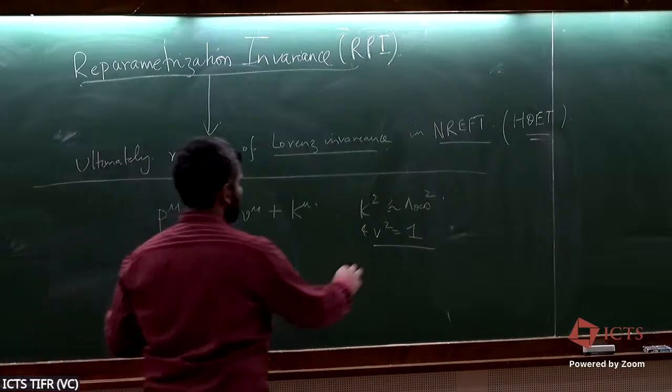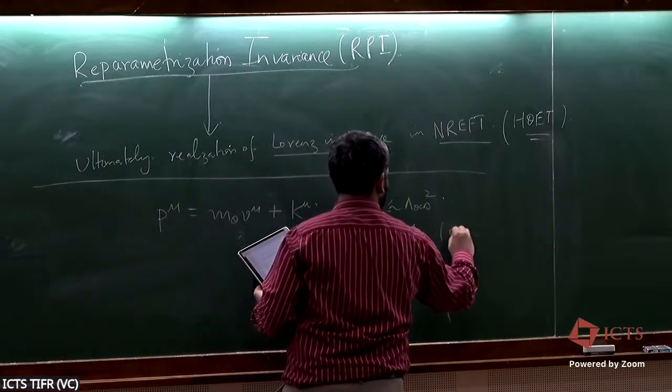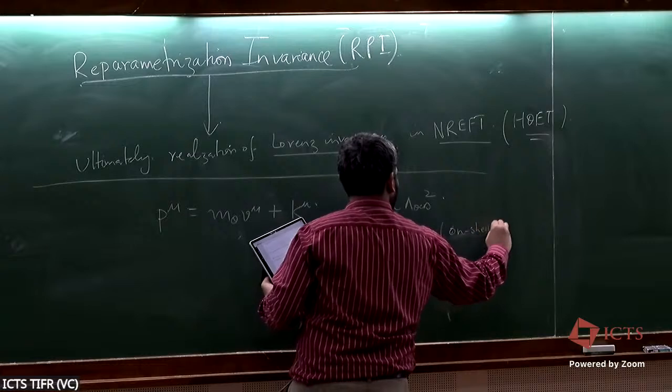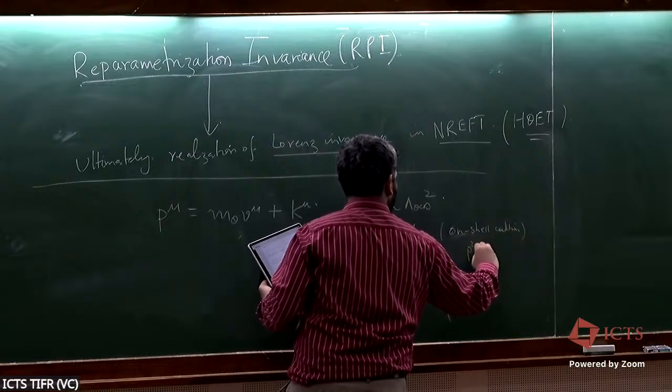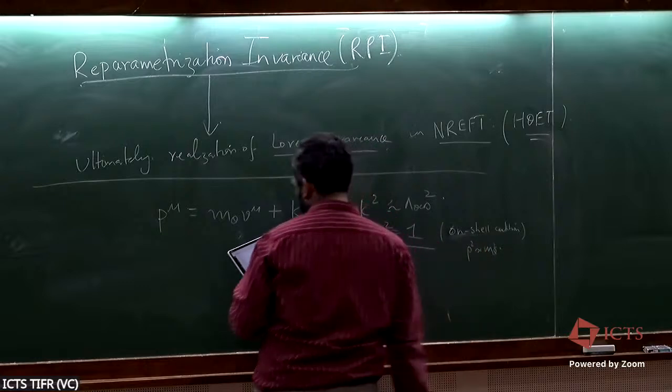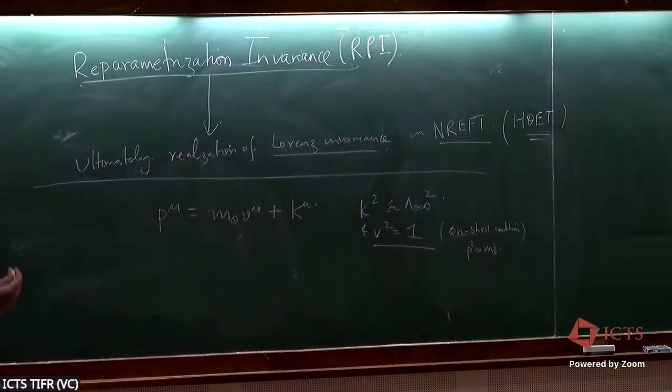So V square is 1 from the on-shell condition, that I want to have P square close to MQ square. Or it's a normalized thing. So the point is this, where do I split this V mu?